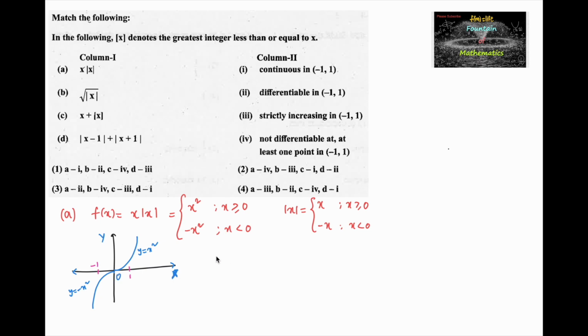So we can say this function is continuous in -1 to 1, and also this function is differentiable, that is f dash of x is equal to 2x when x is greater than or equal to 0, and negative 2x when x is less than 0. So f is also differentiable.